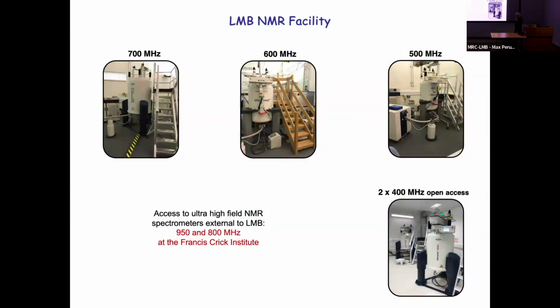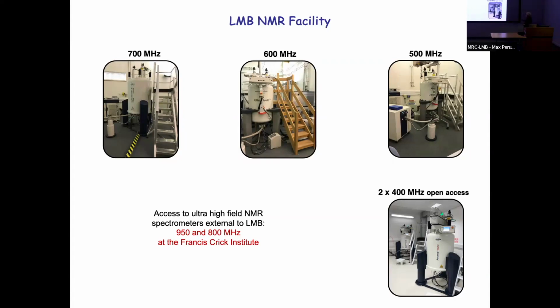So the facility that we have is at the moment changing its shape rather. We now have 3 high field machines at 700 megahertz, 600 and 500. I should say, for anybody who really hasn't come across NMR before, don't worry about this. It's just the strength of the magnet, and we'll come on to what these mean in a few minutes.